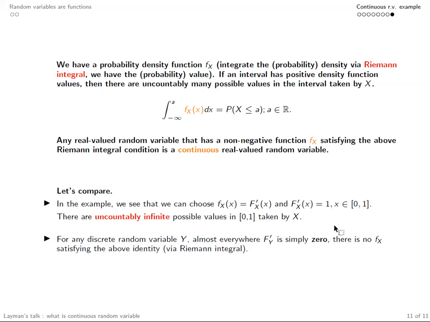Well, for any discrete random variable Y, if we consider an arbitrary F_Y, we know they are discontinuous jump functions. If we take the derivative almost everywhere, their derivative is simply 0. And there is no f_Y we can find to satisfy the above identity via the Riemann integral.